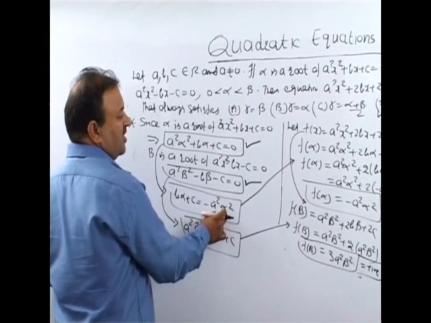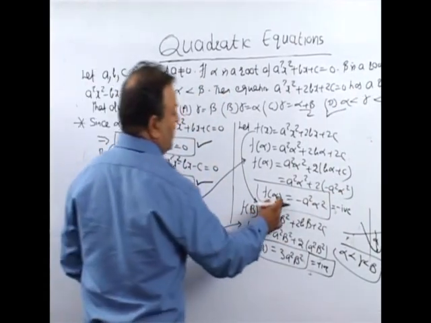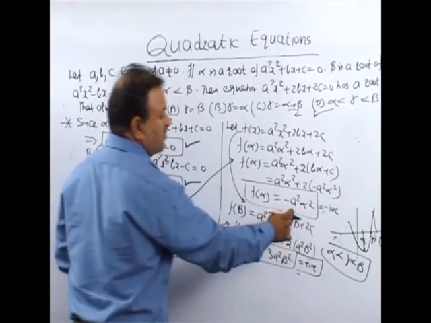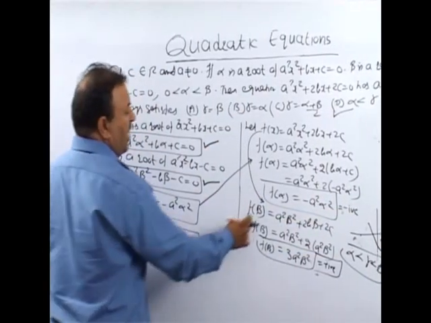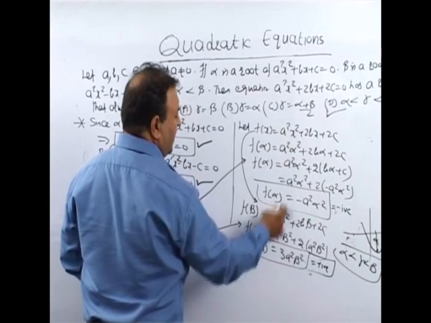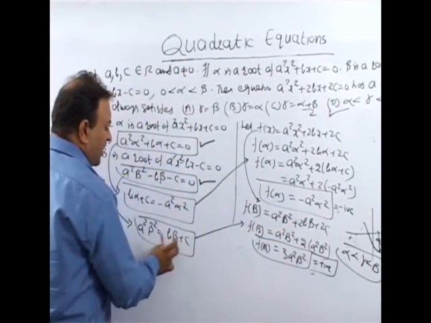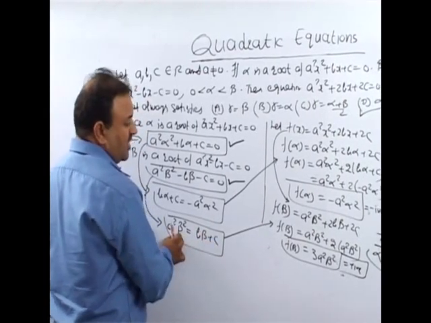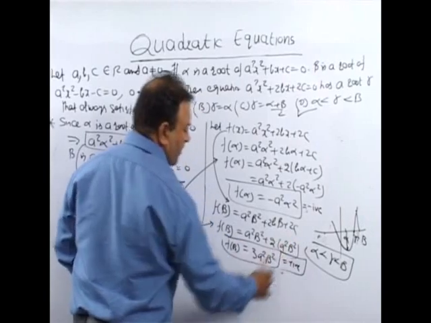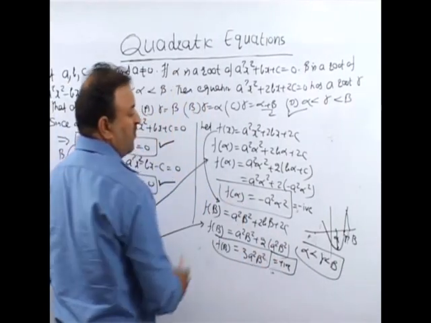Substituting it over here, the value of f alpha comes out to be negative. Then we found the value of f beta. F beta is a square beta square plus 2b beta plus 2c, and we used the given condition, b beta plus c is a square beta square. Substituting over here, we find f beta is positive and f alpha is negative.